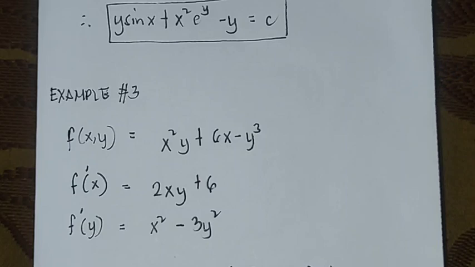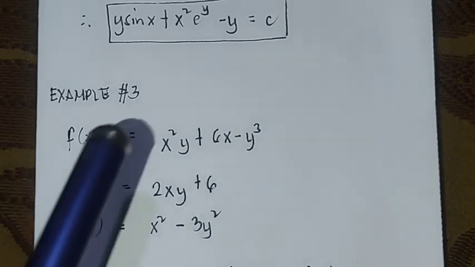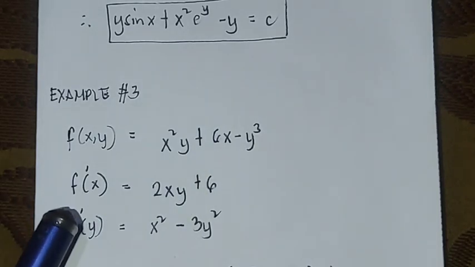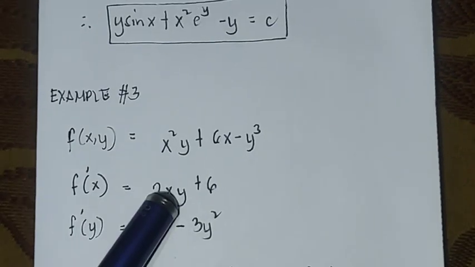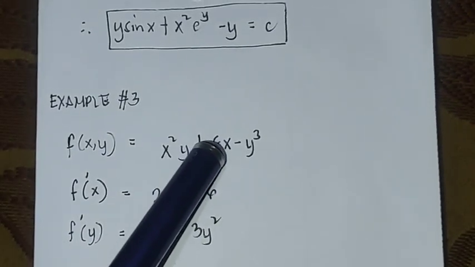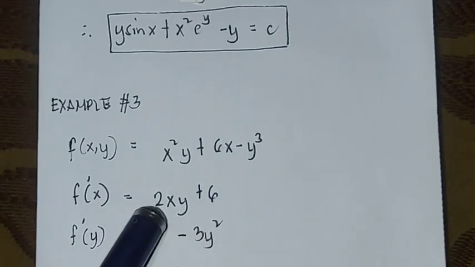So, kunin mo yung f prime x or the derivative ng function with respect sa x, tas yung derivative ng function with respect sa y. Buong equation to. Kaya tingnan mo, f prime of x, with respect to x, ito is magiging 2xy and then 6, 0 na to. Kaya 2xy plus 6.